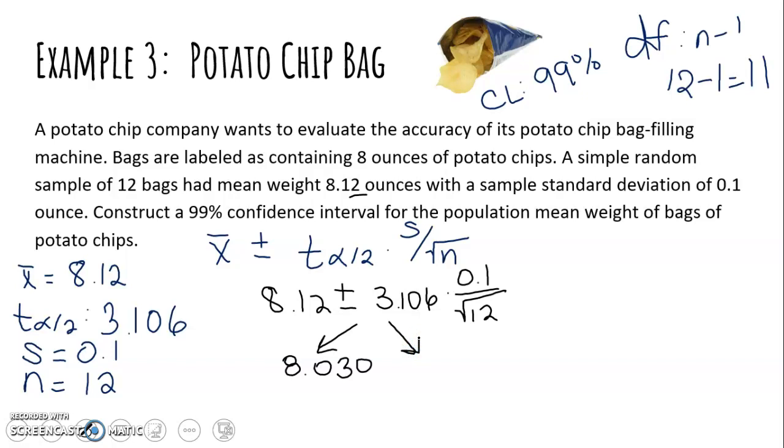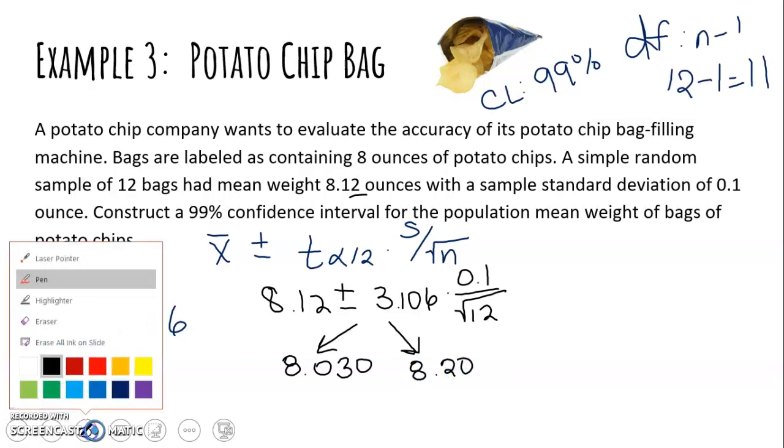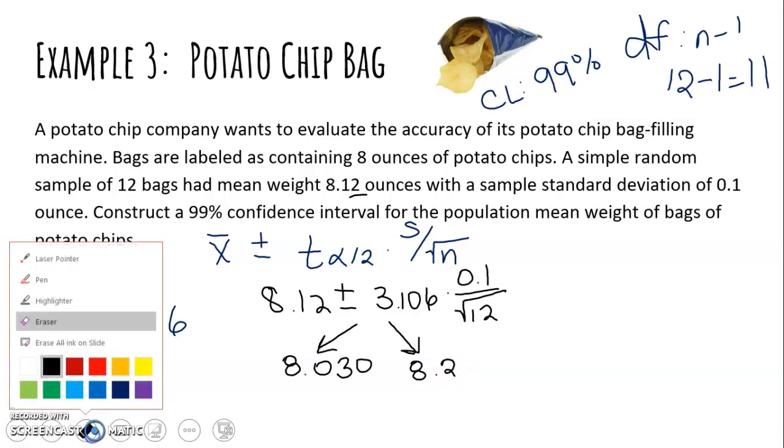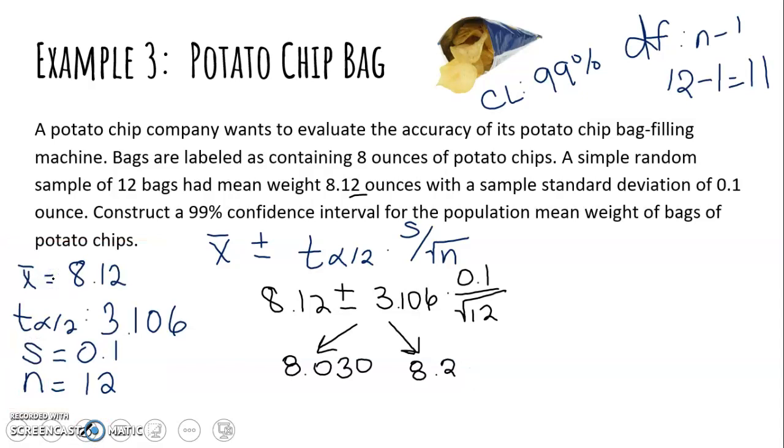And then I'm going to do it again with a plus sign instead. And this time we get 8.20966. So if I rounded that to 3, that rounds to 8.210.